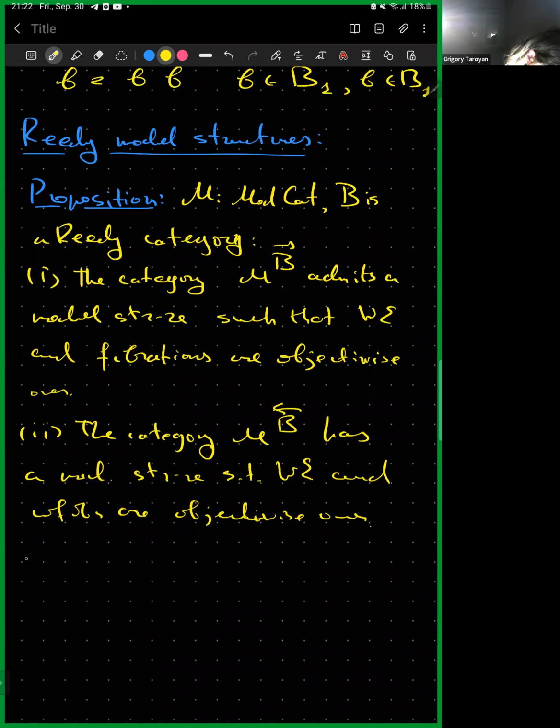So now we can define a model structure on the whole category itself, which is intermediate between the injective and projective model structures, namely that we don't require fibrations or cofibrations to be objectwise ones, but instead require them to be induced from these subcategories of diagrams from the increasing and decreasing subcategories.